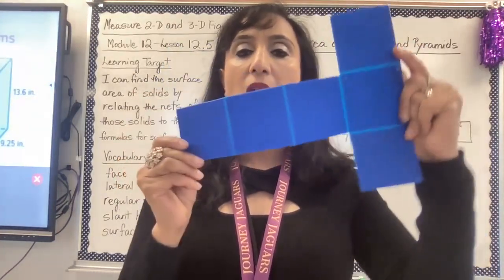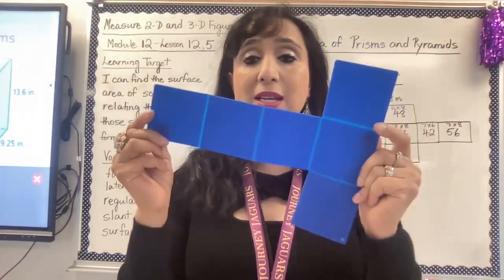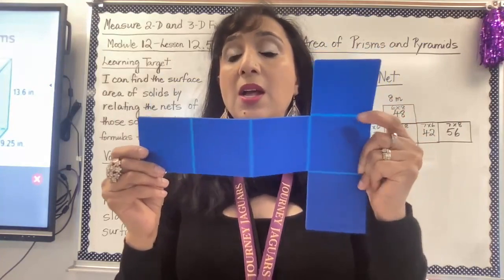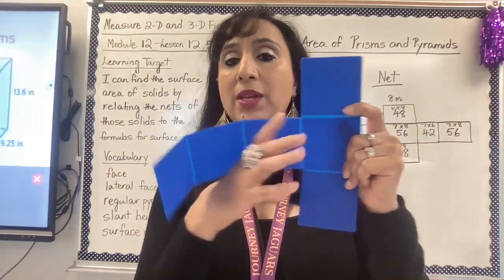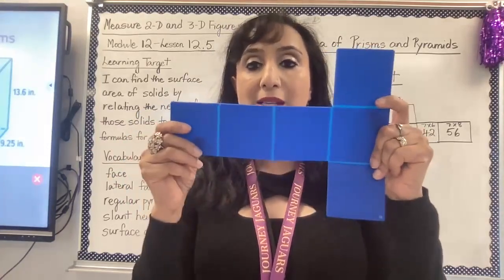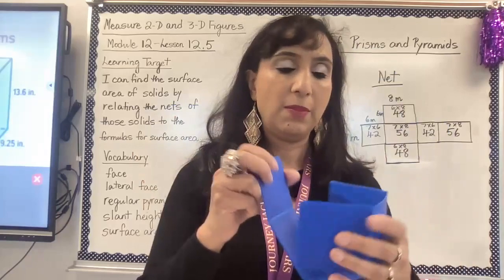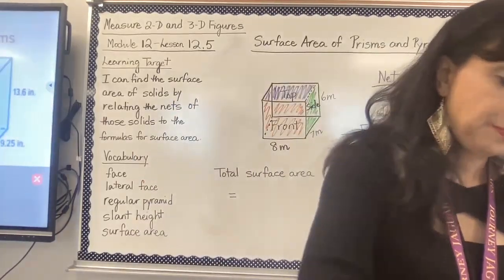As you can see, all the faces are going to have exactly the same measure. In fact, this is the easiest surface area to calculate, because since all the measures are the same, you calculate the area of 1 face times 6, because it's a hexahedron. So it becomes pretty simple to calculate the surface area.